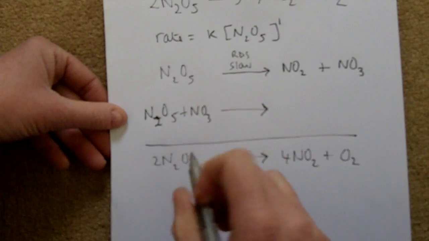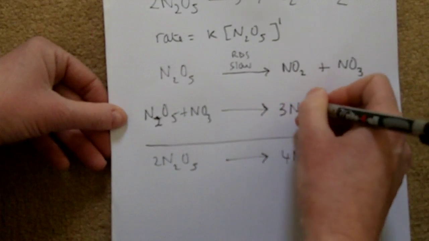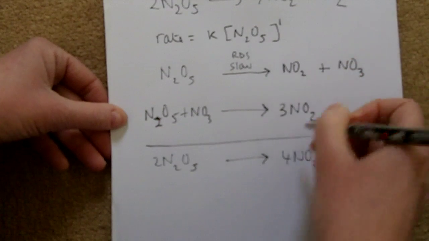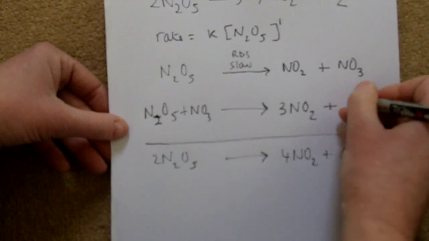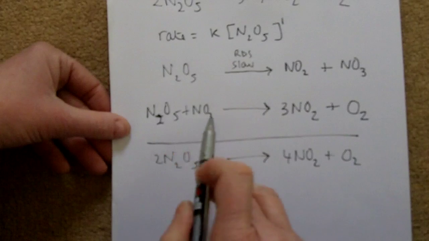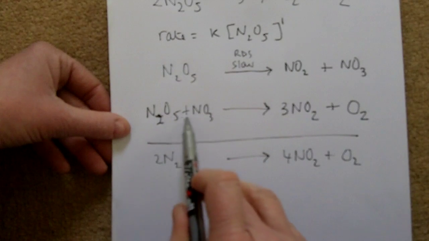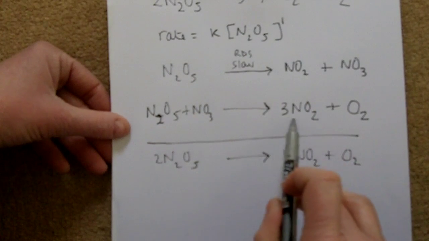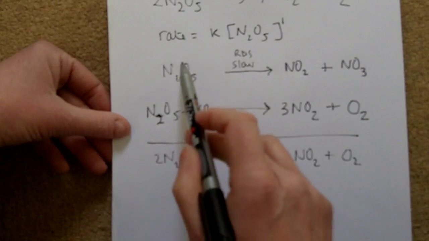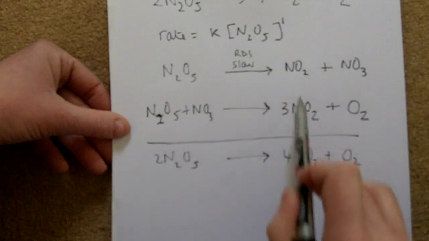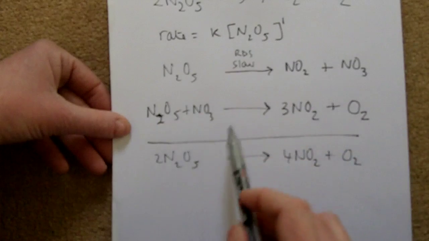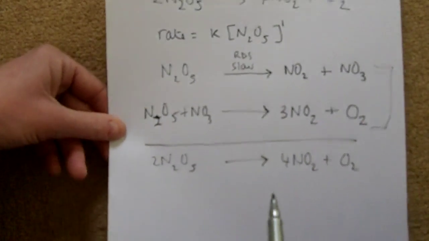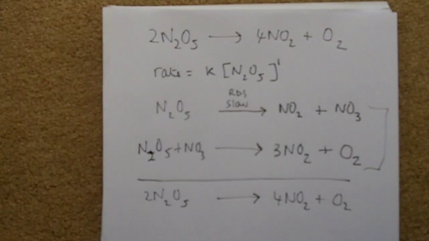Then there's going to be 3 NO2, because it has to be 4 NO2 in total, and O2. So just check, does that work? There are 8 oxygens, 6 oxygens, 8 oxygens, 2 N2O5, 4 NO2 plus O2, NO3 cancels out. Those are the 2 steps in the mechanism. There are other answers it can be as well.